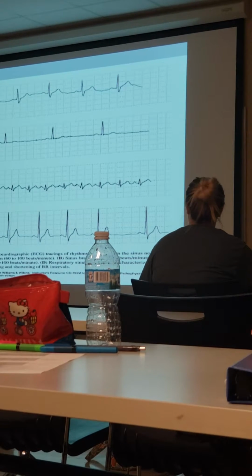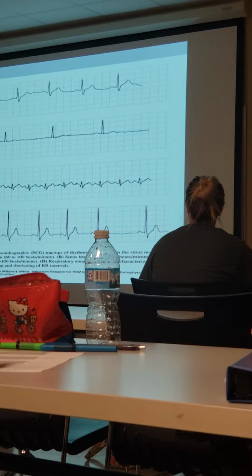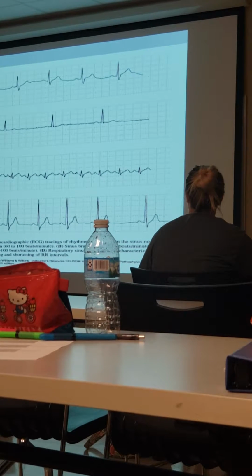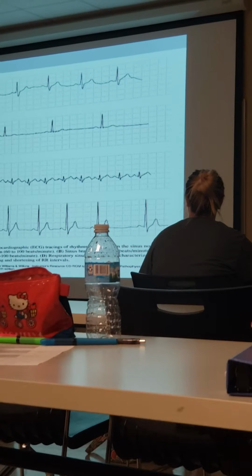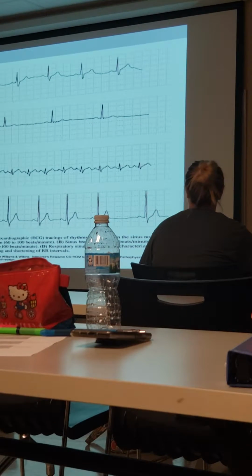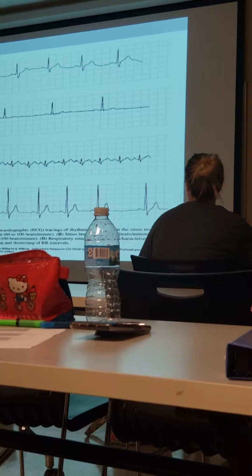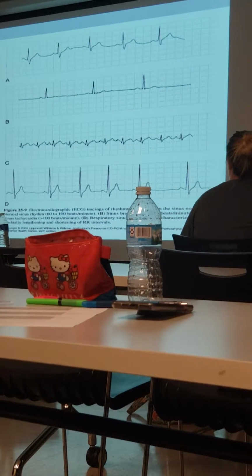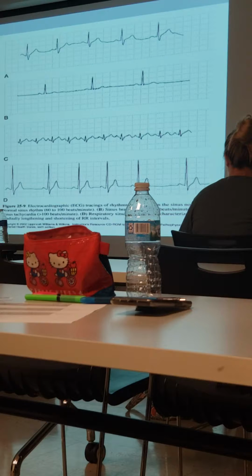Can we figure out a rate on the last one? Can you figure out the rate by the strip? It's irregular. The R to R's are not lining up regularly here.